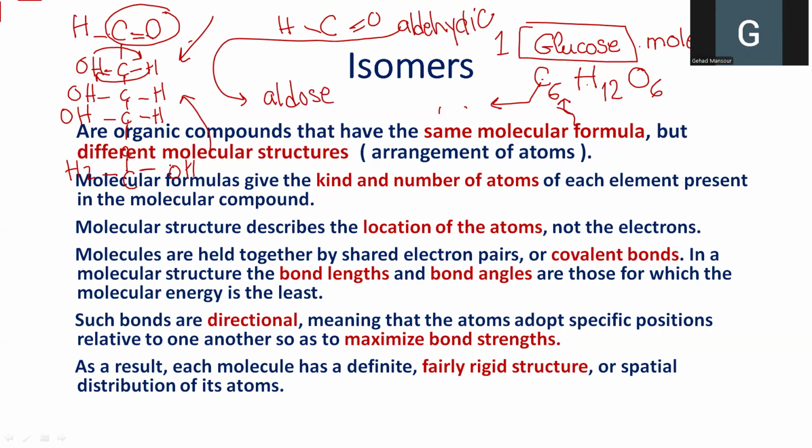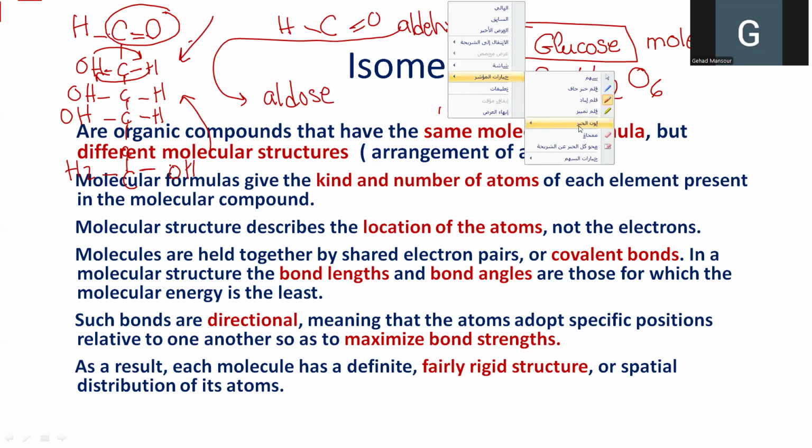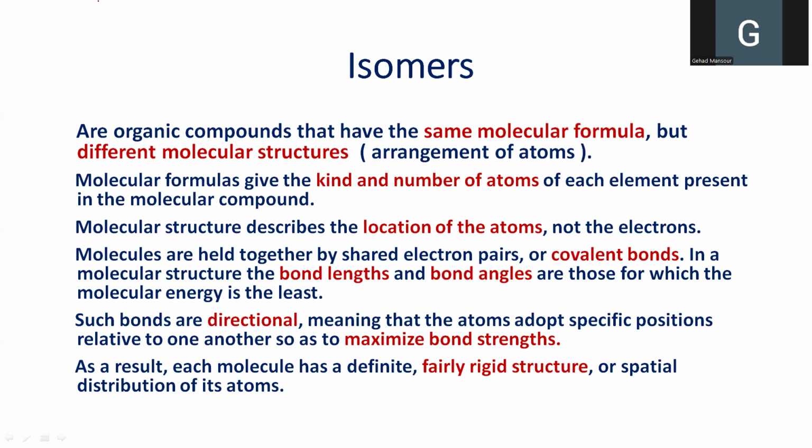Whereas on the other hand, fructose, which has the same molecular formula but does not have the same structural formula, has a structural formula that looks like this, CH2OH, and then here you have a C double bond O. And then you continue the molecule.